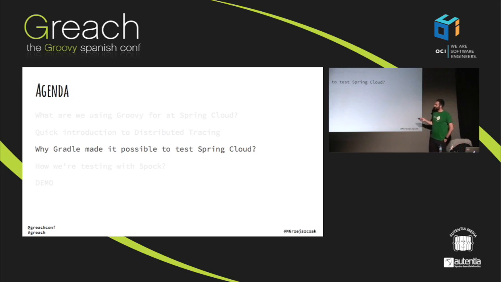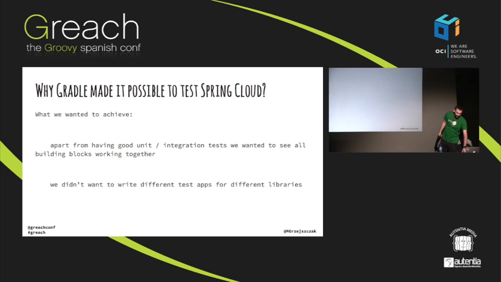Okay, so this was a short introduction to distributed tracing, and why did we choose Gradle to test Spring Cloud stuff? What was most important for us, apart from having good unit and integration tests, was to see all the building blocks working together, right? In Spring Cloud, we have so many integrations that I wanted certainty, or a bigger probability, that everything is working together.